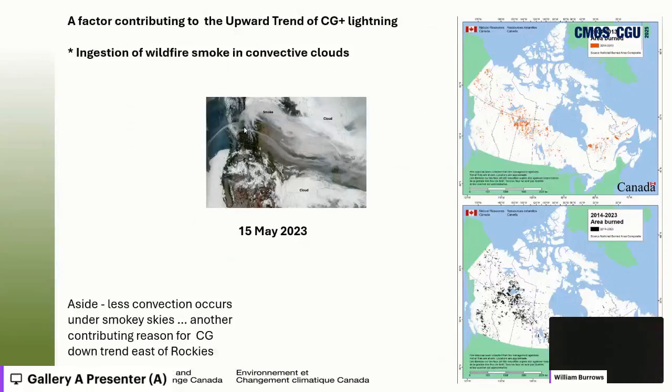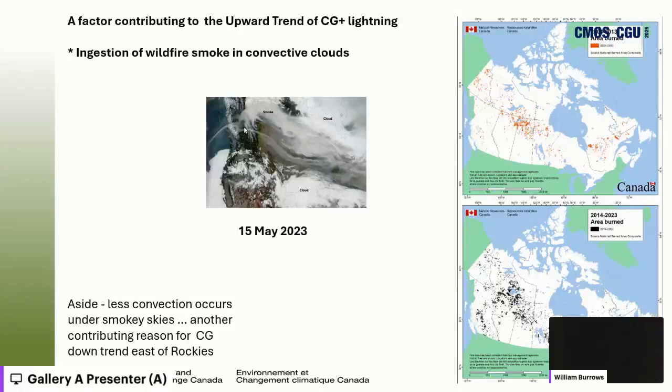And a factor contributing to the upward trend of positive lightning, we feel, is wildfire smoke ingestion in convective clouds. Here's a case from 15th May 2023, and you see that the smoke extends for a large area far downwind from the fires. On the right there, you see the areas burned by wildfires, and that has increased significantly in the last decade.